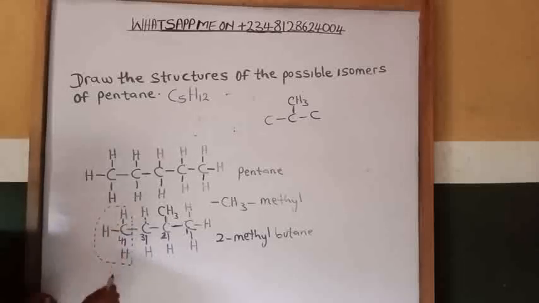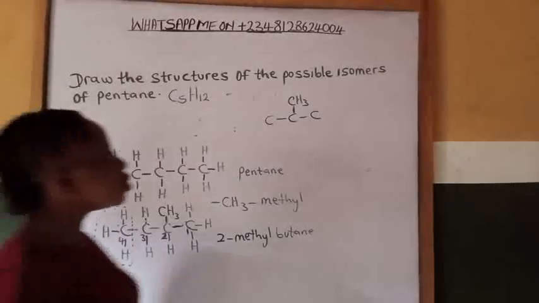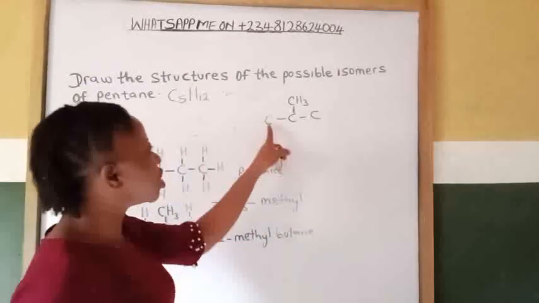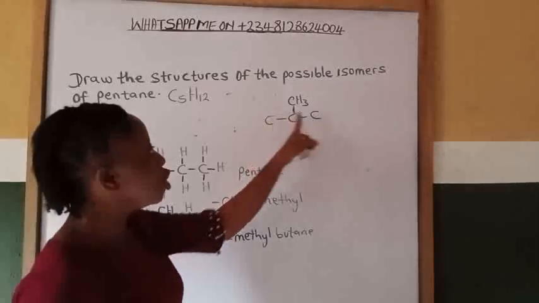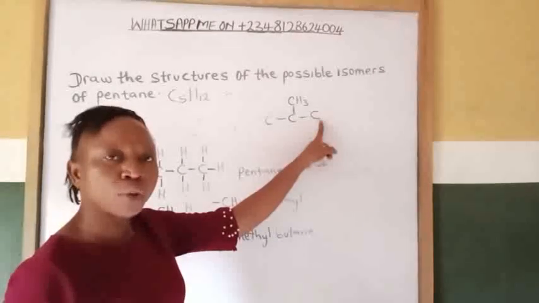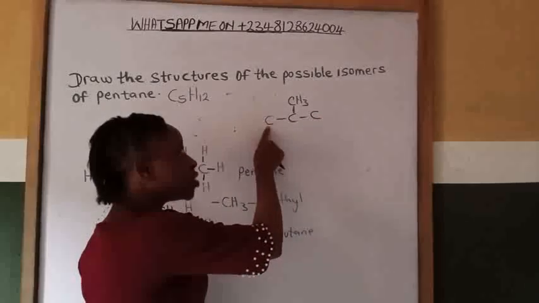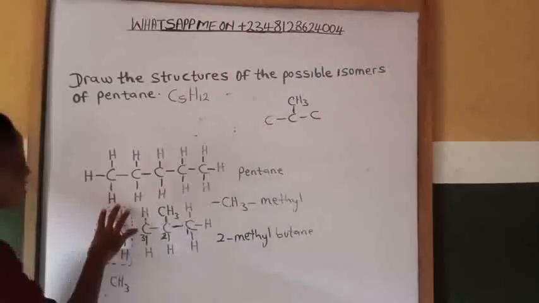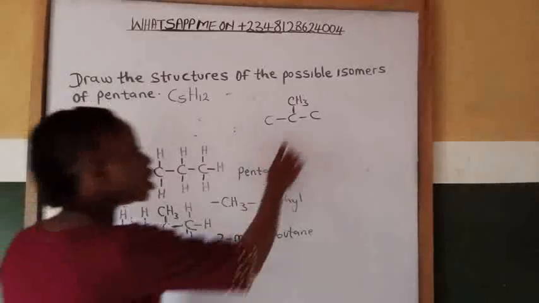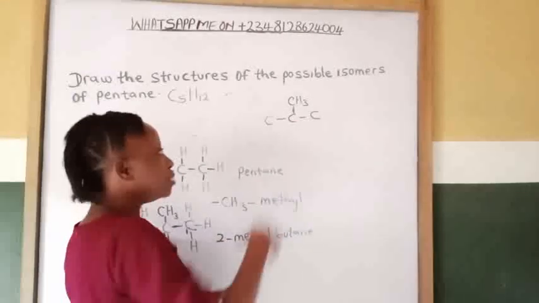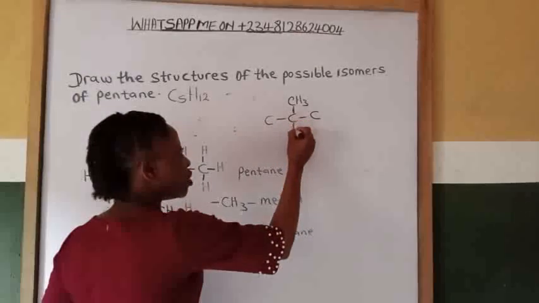So I'm removing another CH3. The rule is that you must not place it on the first carbon atom at the right or at the left. So for another CH3 that you remove now, the only option is this carbon atom at the middle.